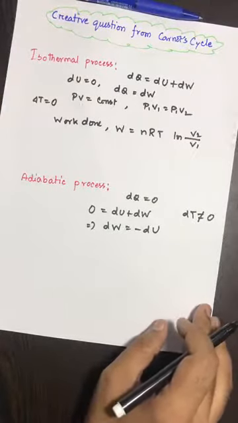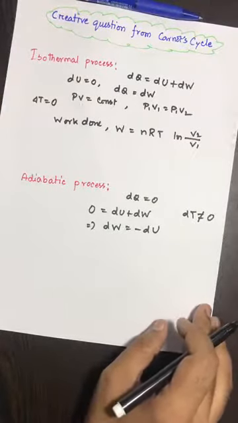Here we see that it follows three principles or laws. Number 1, remember, is P1 V1 to the gamma equals P2 V2 to the gamma. Number 2 is T1 V1 to the gamma minus 1 equals T2 V2 to the gamma minus 1.